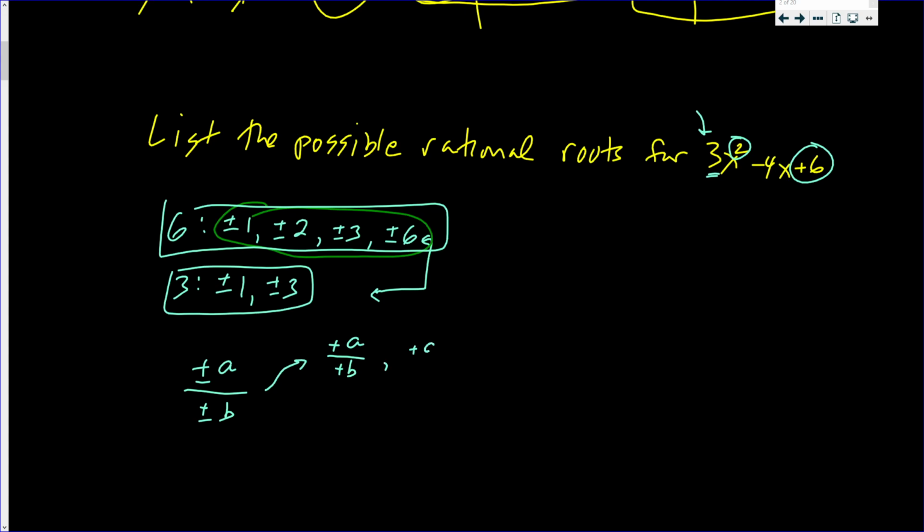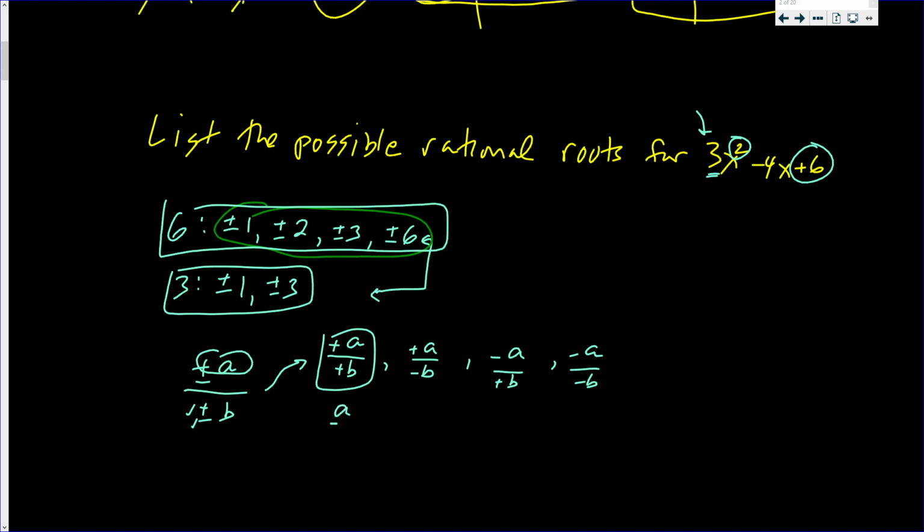You can have positive a divided by negative b. So I divided positive a by each of the possible denominators, b and negative b. And now I'm going to take negative a and divide it by the possible denominators, namely positive b and negative b. Now let's see what we get.